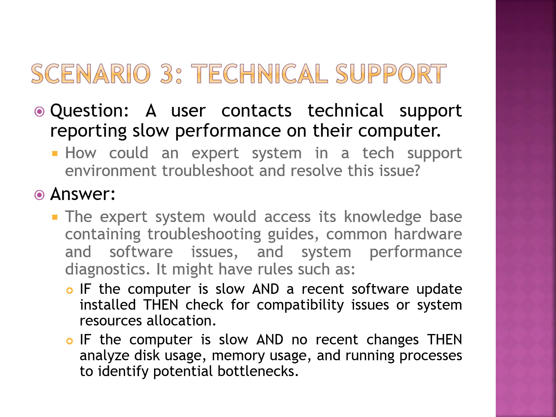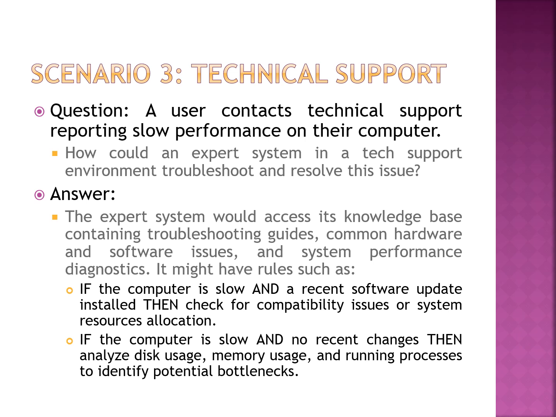The rules may be in this form. For example, if the computer is slow and a recent software update was installed, then it checks for compatibility issues or system resource allocation, memory allocation, process speed, and other things.